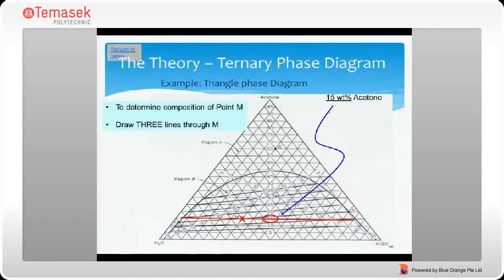So how do we use this? Consider point M, which represents the concentration of a solution M. What is its composition? Following the horizontal lines, which is the acetone weight percent, you see that it contains 15 weight percent acetone.